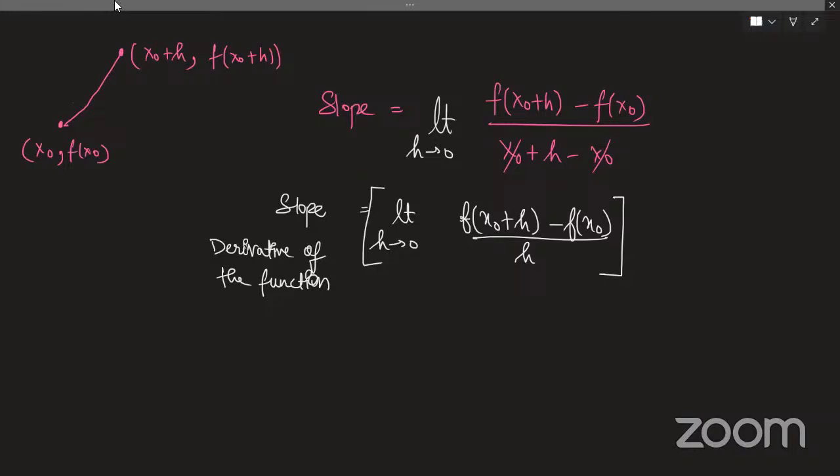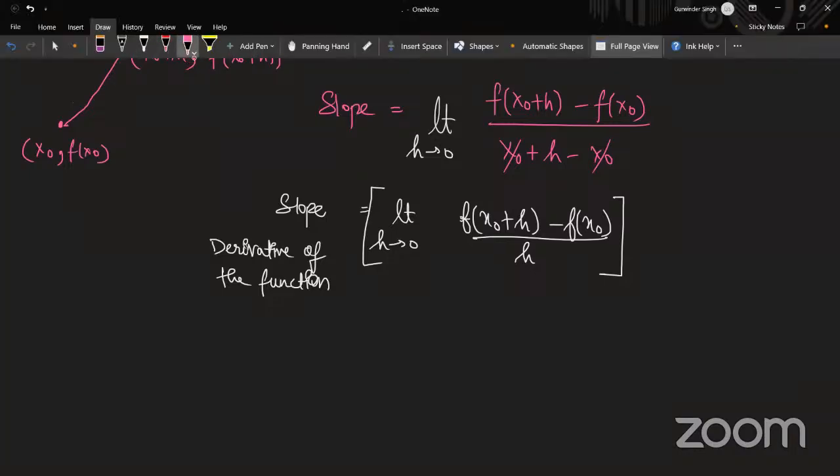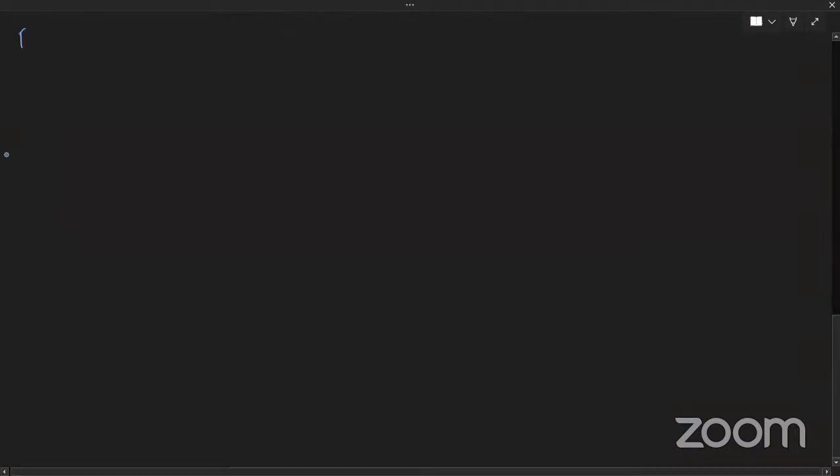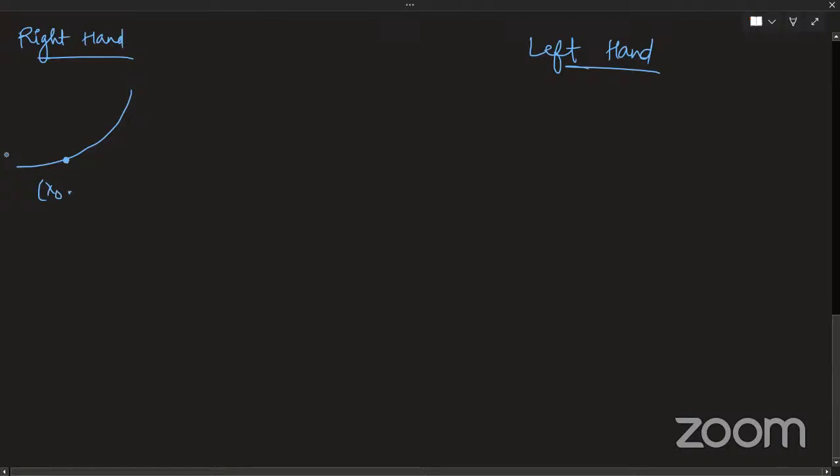While discussing derivative, we come across two types of derivatives. One is the right hand derivative and one is the left hand derivative. I know I have written it the opposite way. What does the word right hand mean? I've got this point x naught comma f of x naught. We take another point on the right side, which we just did now.